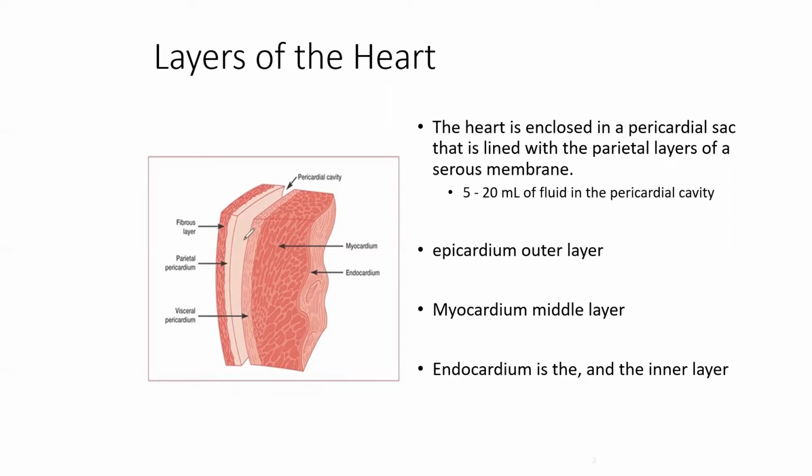It has approximately 5 to 20 mL of fluid, which allows the heart muscle itself to glide against the outer layer, which is the pericardial sac, right? As we go into the lecture, you're going to see that if there's too much fluid, more than 20 mL accumulated in here, then they can have cardiac tamponade, okay?